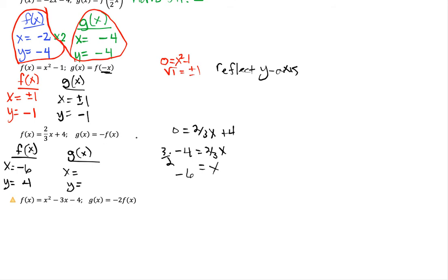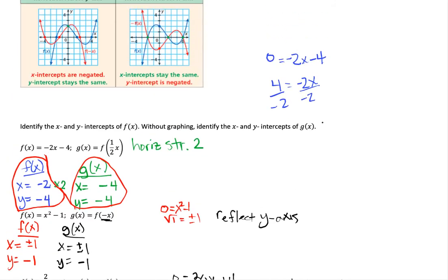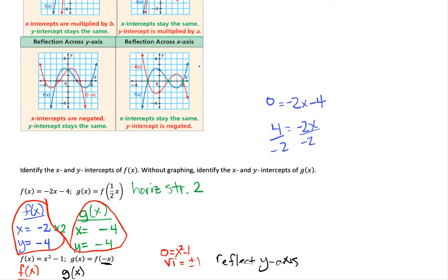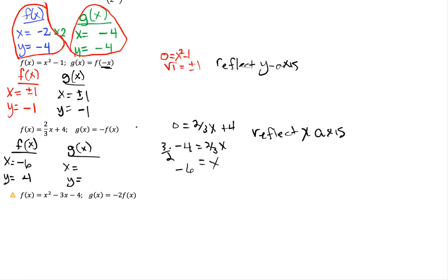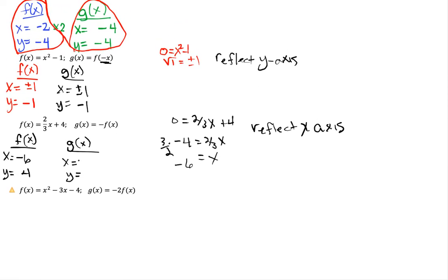And what's happening here is it's reflecting across the x. So let's look and see if we reflect stuff across the x. My x-intercepts will stay the same and my y's will be negated. So I still have a negative 6 for my x-intercept and my y-intercept becomes negative 4.